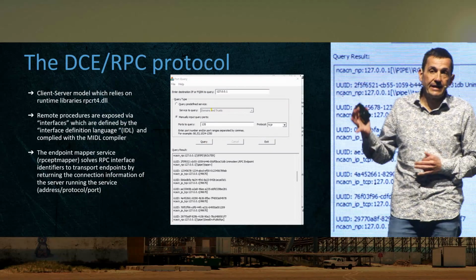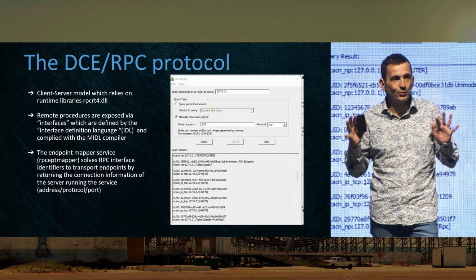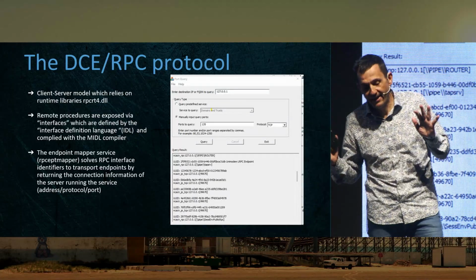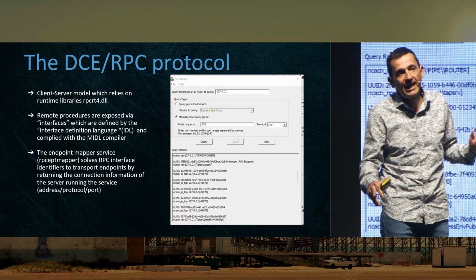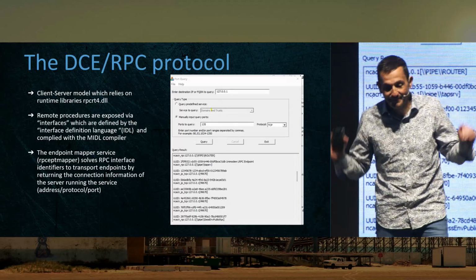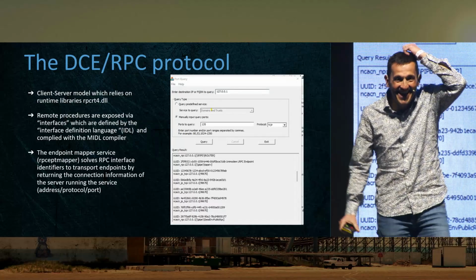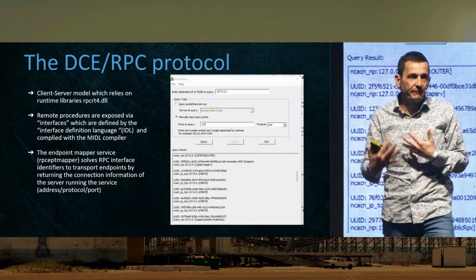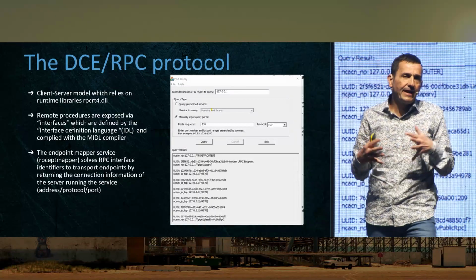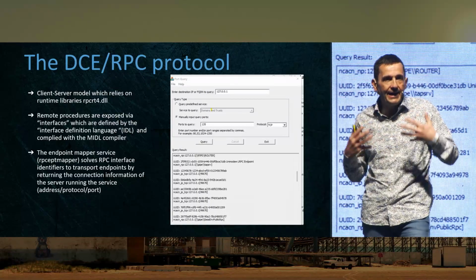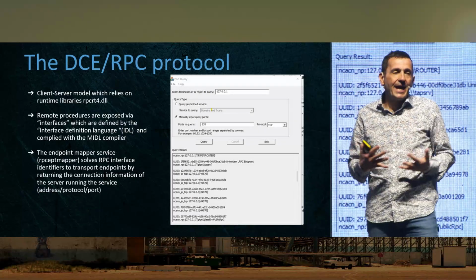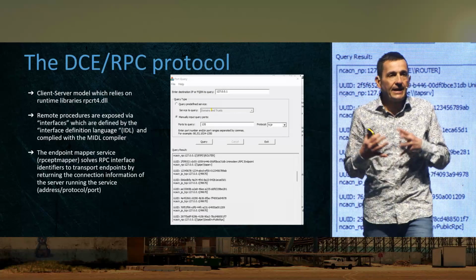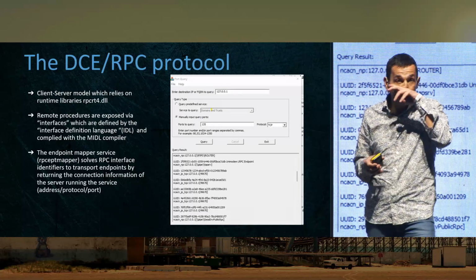It's a client-server model. As you can understand, I am very bad in English and even worse in spelling, so it relies on this library, and I won't spell it, okay? The remote procedure is exposed via interfaces, which are defined by a particular language, the IDL, Interface Definition Language, and compiled via a particular compiler. There is another important service, which is the endpoint mapper service.